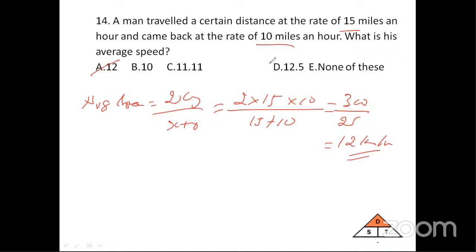The two things very important here are, one, speed into time is equal to distance, and then the average speed formula. If you know these two, then you can play around with the question irrespective of its type and definitely solve it. So you should remember those basic concepts.